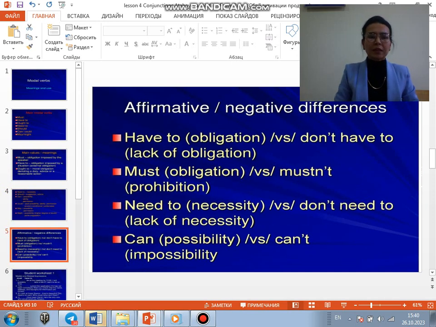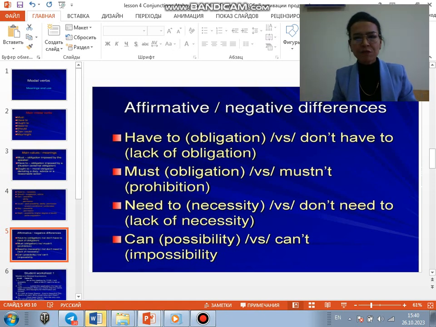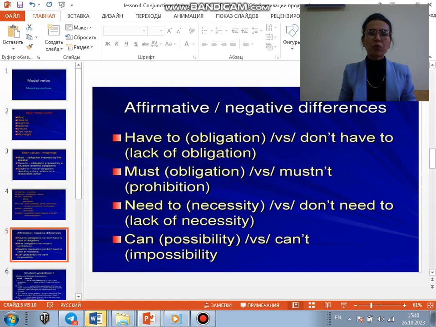Okay, there is some extra information about modal verbs: affirmative and negative differences. When we speak in positive form, in affirmative sentences, we can use one meaning, and in negative sentences, we can use another meaning of these verbs.